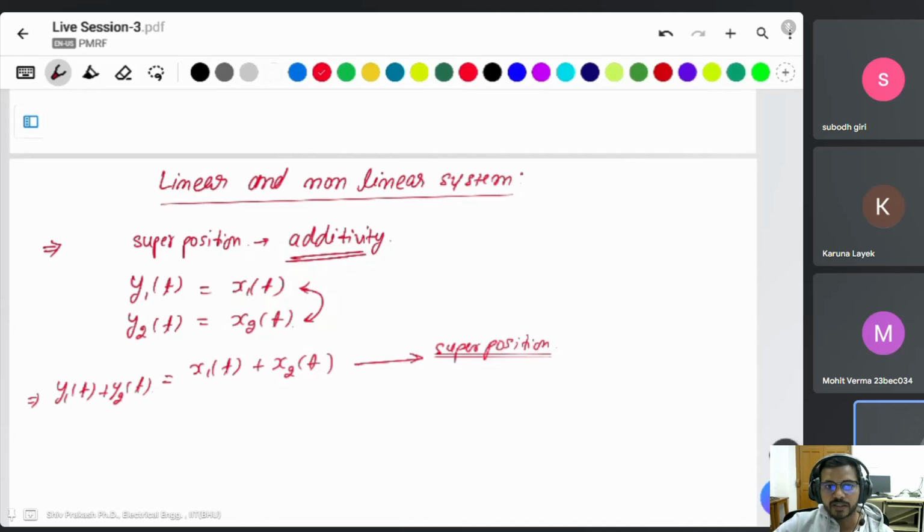You can't add them directly, because there is an I square R term. This is the power loss. Then I square is a non-linear system.